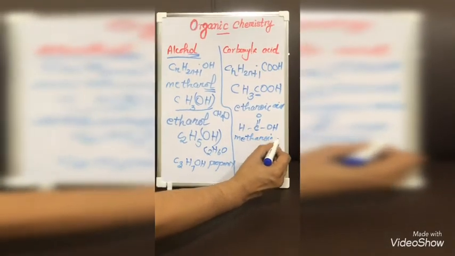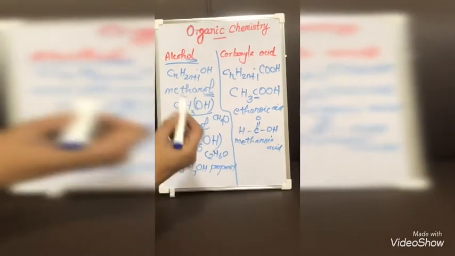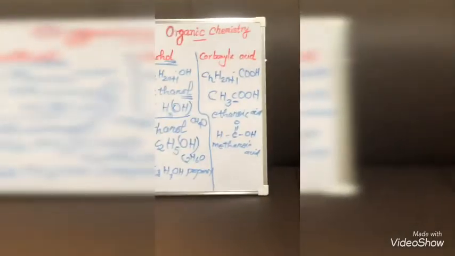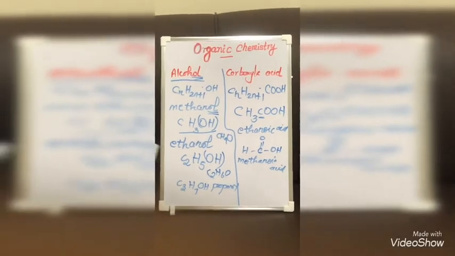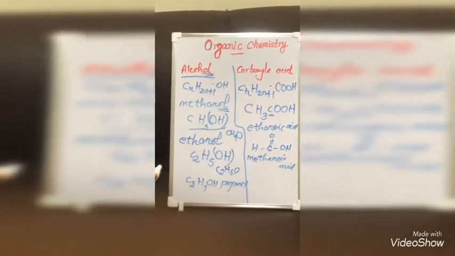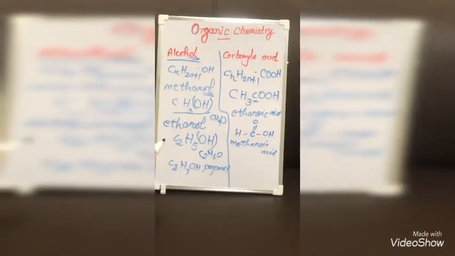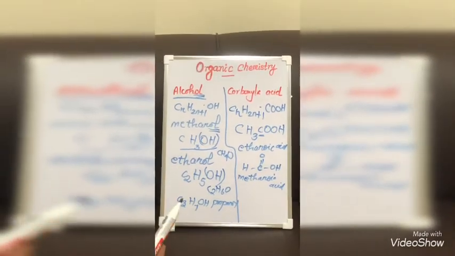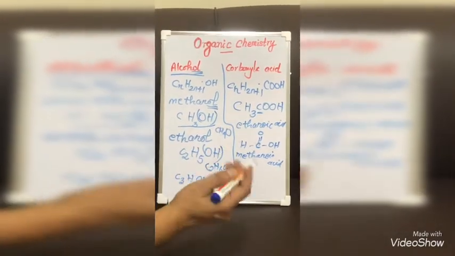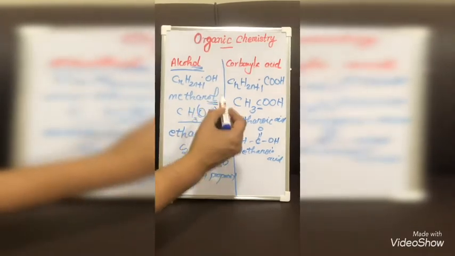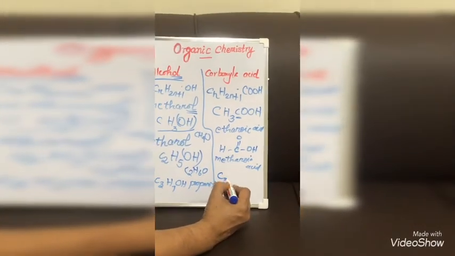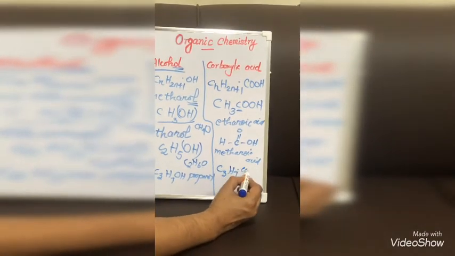Then the next member would be, if it is C3, hydrogen would be 3 into 2, 6 plus 1, 7: C3H7COOH. So I can make the formula. Metha, etha, propa, buta, you keep trying it. If C is 3, hydrogen would be 7, COOH.